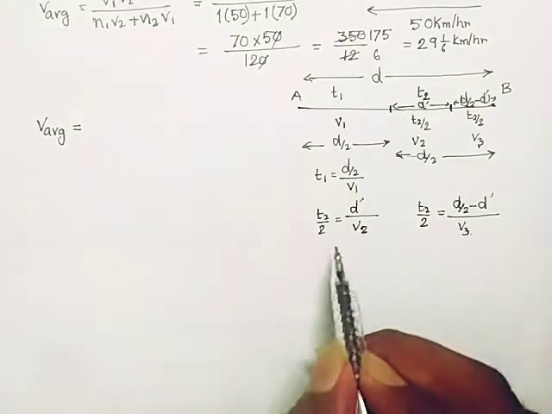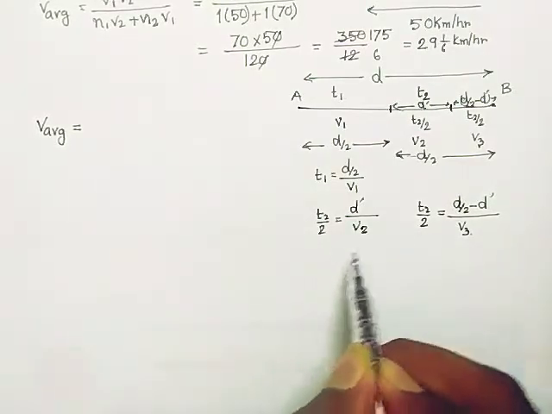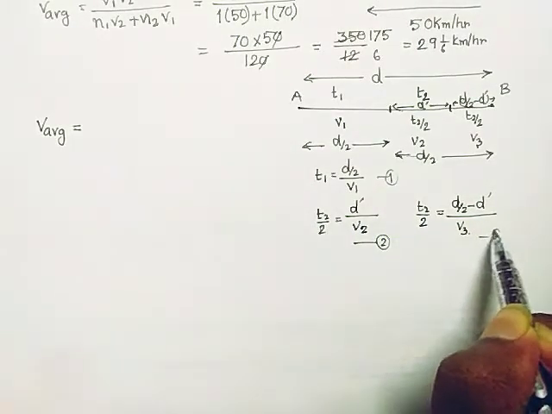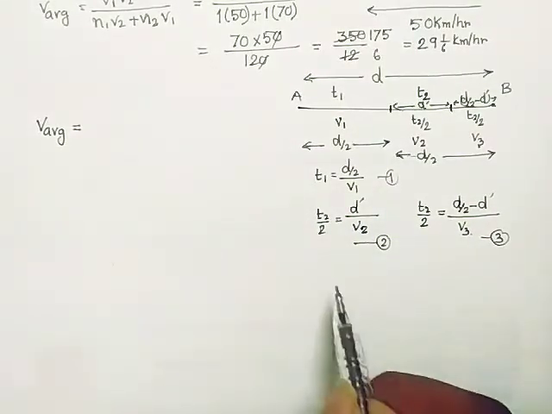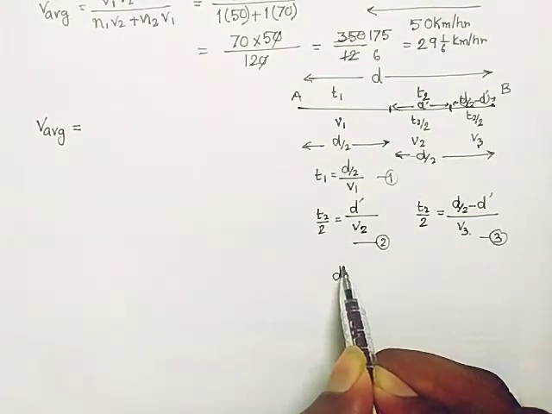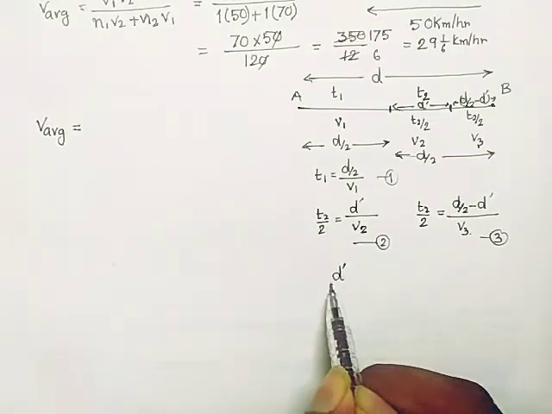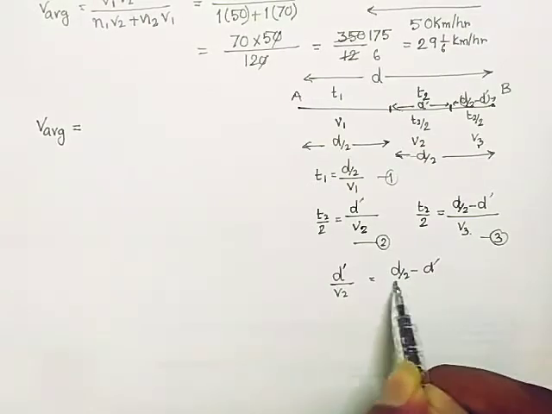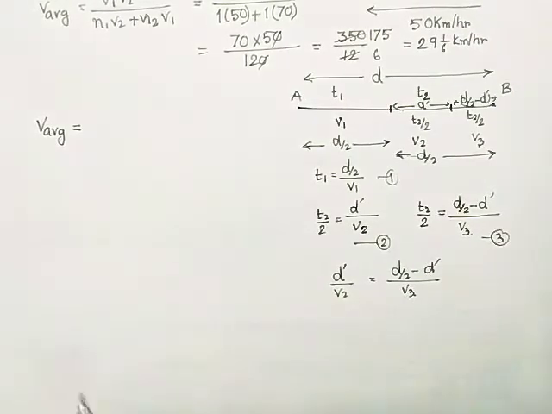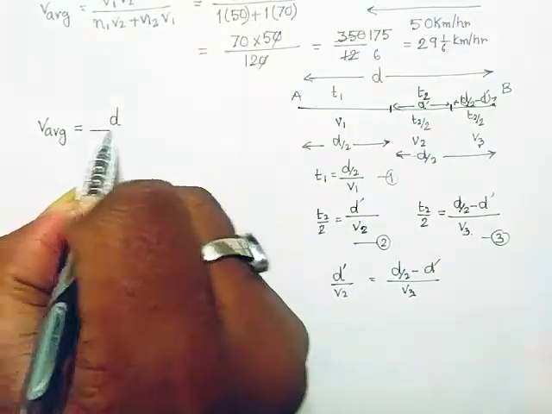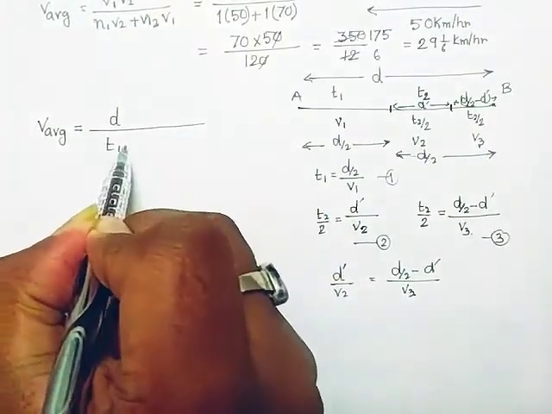So from here, if we try to equate these two equations, this is the equation 2 I consider, this is the equation 1, and this is the equation 3. If I want to find out d prime from here, then d prime divided by v2 equals d by 2 minus d prime divided by v3. The v average, if I want to write in this equation, will be d divided by t1 plus t2.